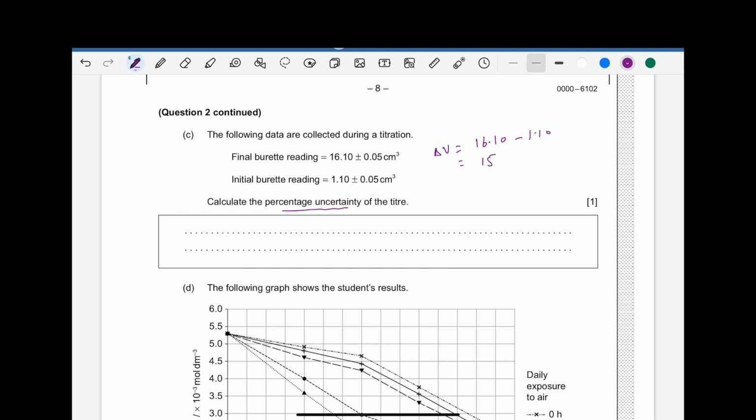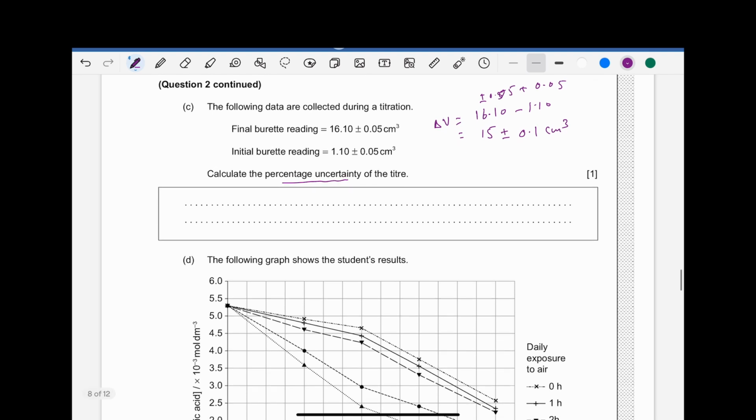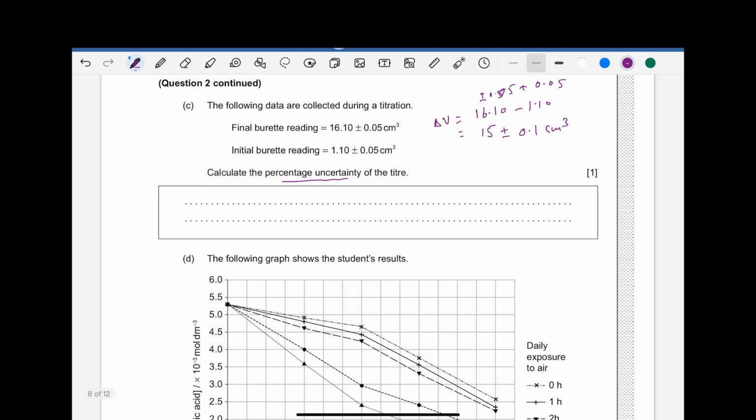We have to add the uncertainties, so plus minus 0.05, plus minus 0.05, plus minus 0.05, and that will come as 0.1 cm cube. So percentage uncertainty is equal to absolute uncertainty, which is 0.1, divided by titer, which is 15.0, times 100. If I solve this, that will give me 0.7%. Normally we quote uncertainties to 1 significant figure.